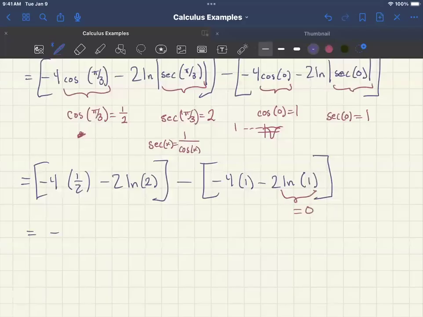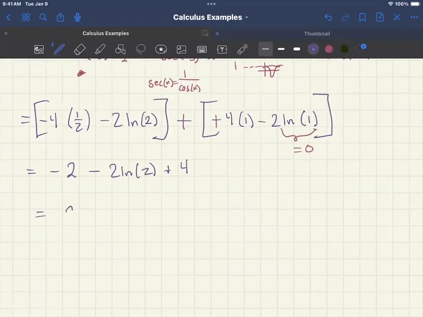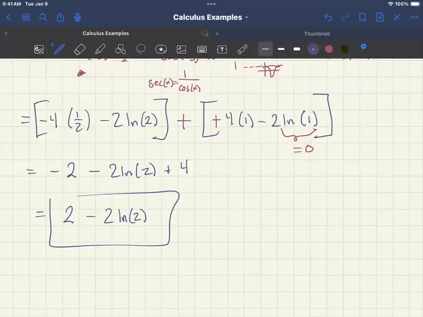We have -4 times 1/2 is a -2 minus 2 natural log of 2. And then we have a double negative here. We have a negative negative, so those are going to turn into positives once we multiply that out. So that's going to be a +4. And put our integers together. And our final solution for this is 2 minus 2 natural log of 2.